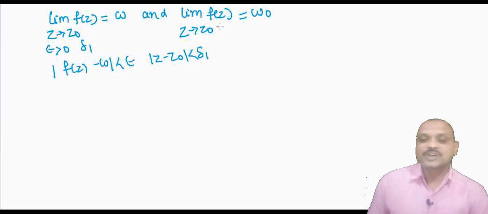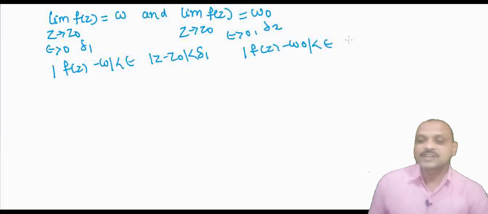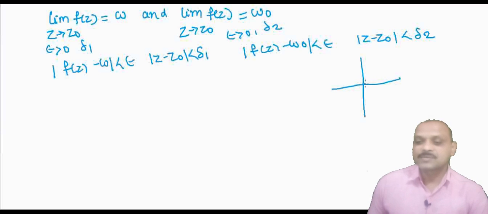Now for this limit and for the same epsilon, suppose there exists a delta 2. That means |f(z) - w0| is less than epsilon whenever |z - z0| is less than delta 2. Okay, so this is the point z0.